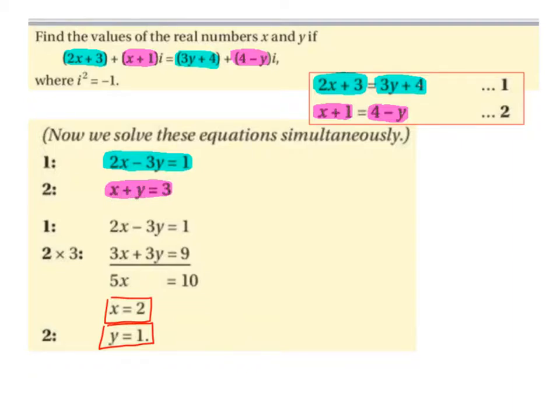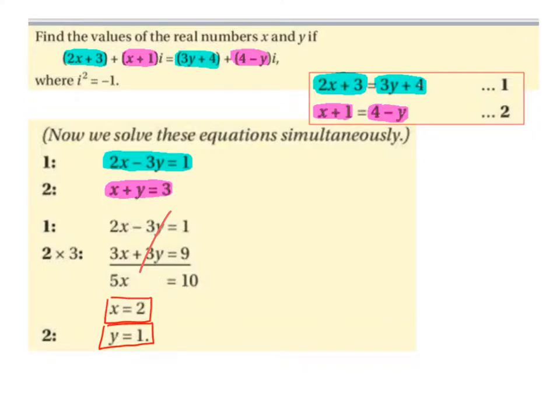So we write out equation 1 again, 2x minus 3y equals 1, and multiply equation 2 by 3, giving us 3x plus 3y equals 9. Now we can cancel out the y's, and 2x plus 3x is 5x, and 1 plus 9 is 10. So 5x is 10, so 10 divided by 5 is 2, so x is equal to 2.